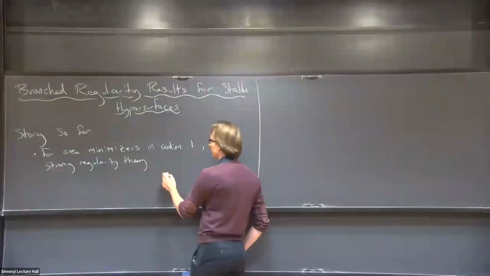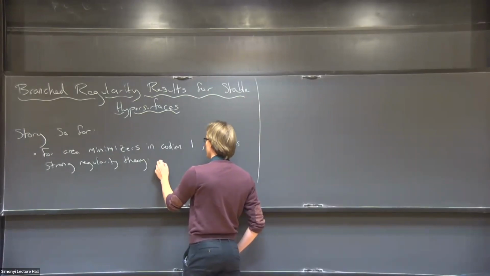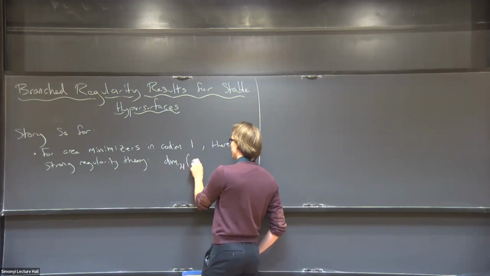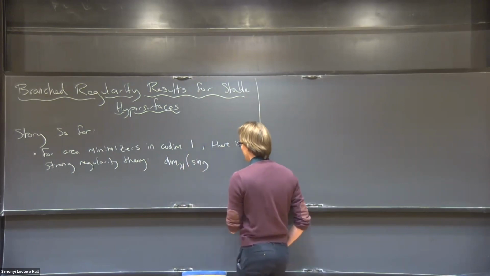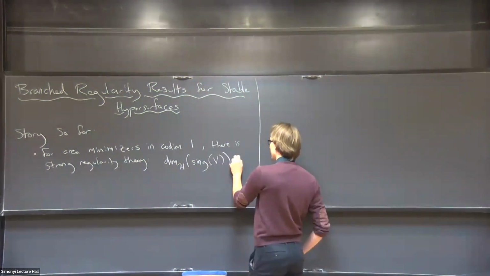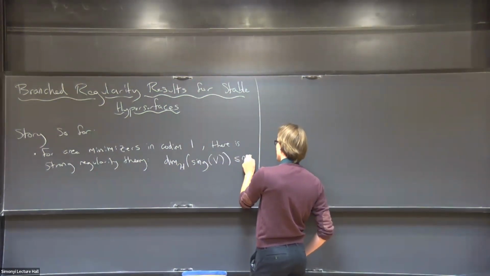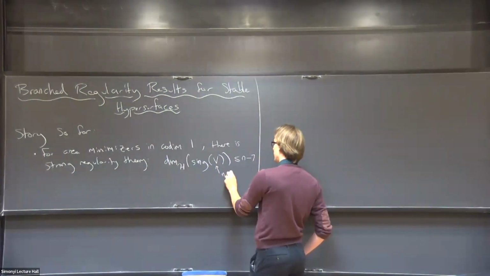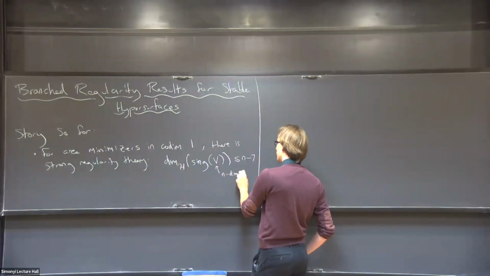Let me just start with the simplest case. So the Hausdorff dimension of the singular set of whatever object we're talking about is at most n-7, where n is the dimension of this object.